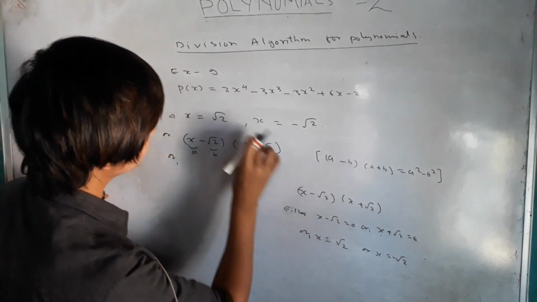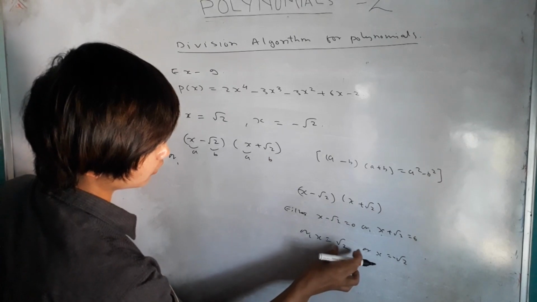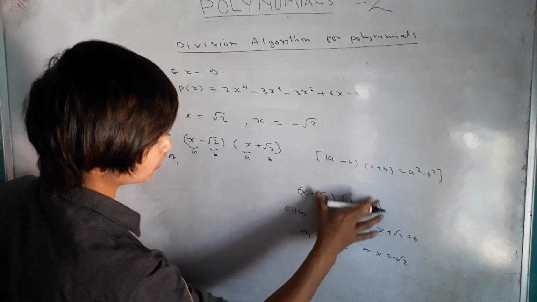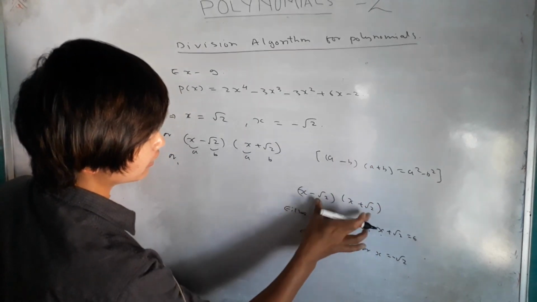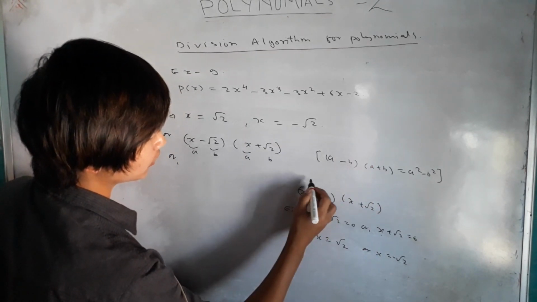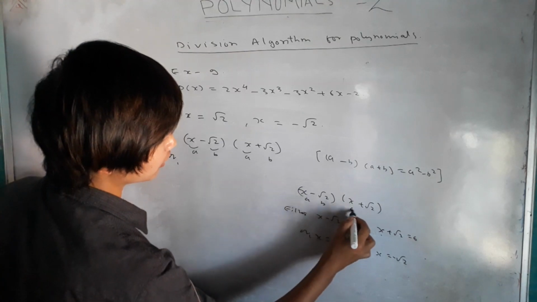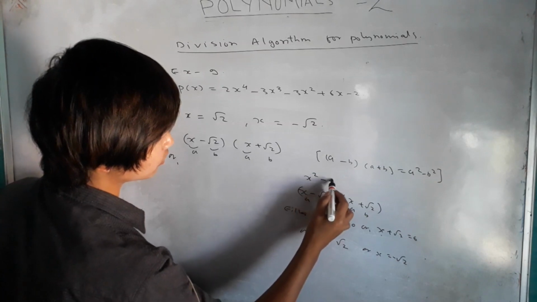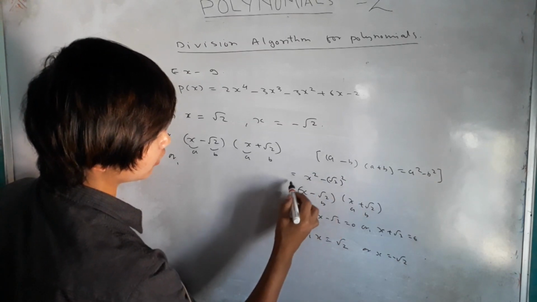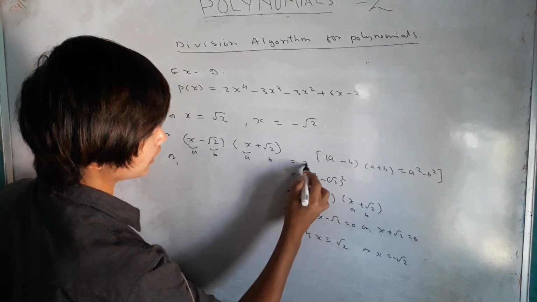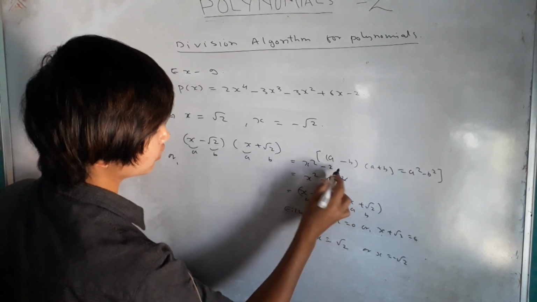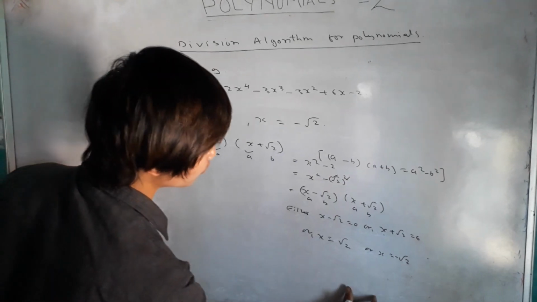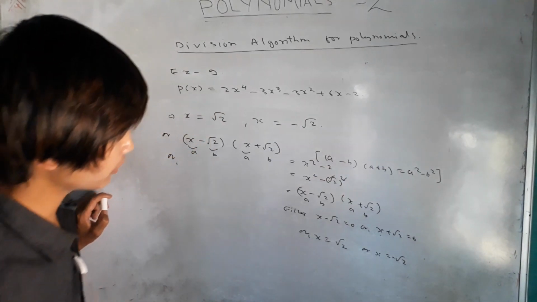At the end we have to go in the reverse direction to get the polynomial. Using the formula (a minus b)(a plus b) equals a square minus b square, it means x square minus root 2 square, which is x square minus 2. This was the required polynomial. So we moved in the opposite direction, remember this.